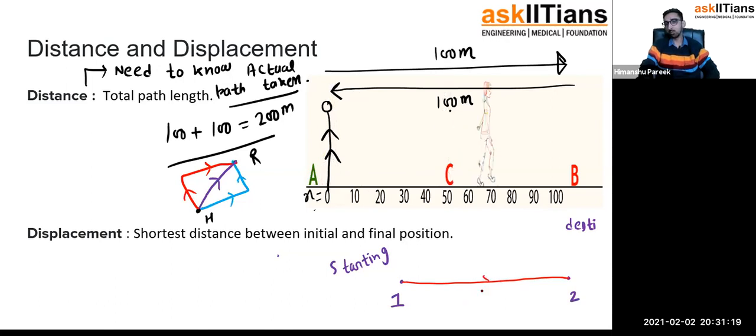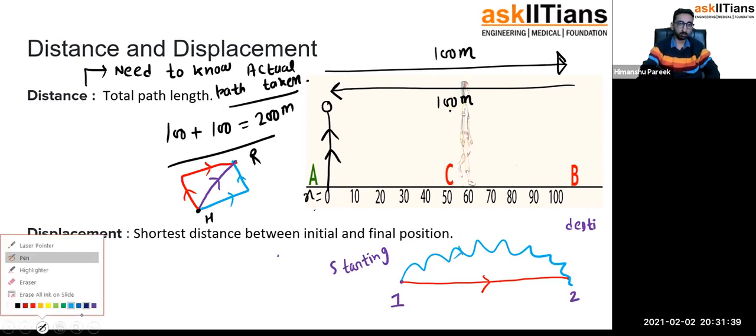So if somebody goes from one point to another, then displacement would be the straight line joining the initial point and the final point. Now, it doesn't matter which path you take. Doesn't matter whether you take this path or you take a different path. Suppose somebody takes this path.